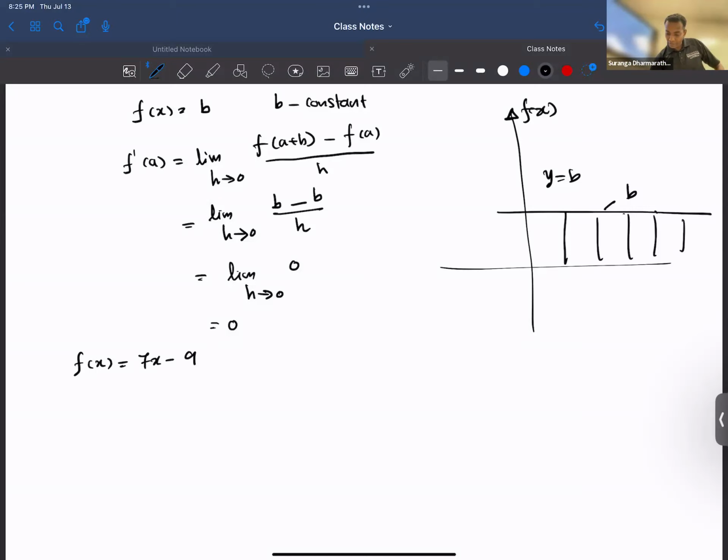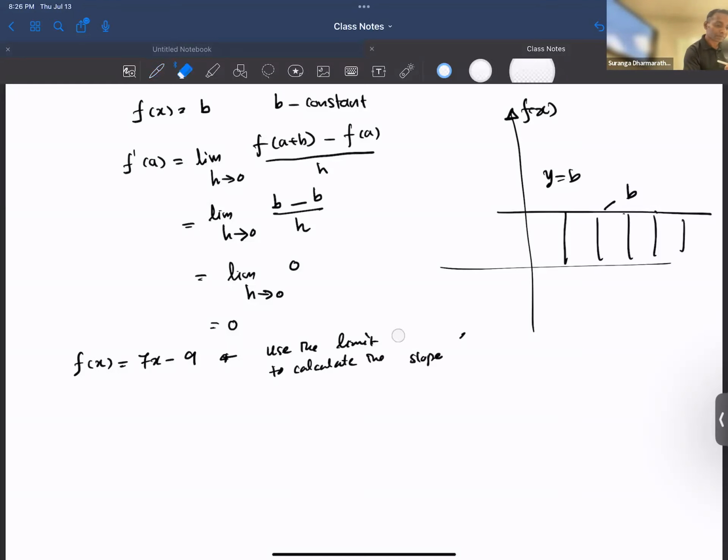Use the limit definition to calculate the derivative of this linear function. So you can use the limit derivative, the slope, the limit definition, to calculate the derivative.